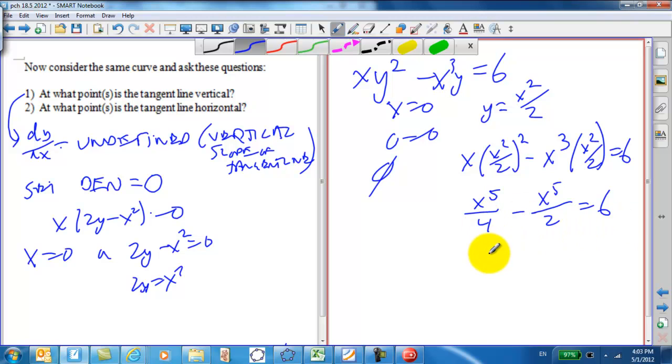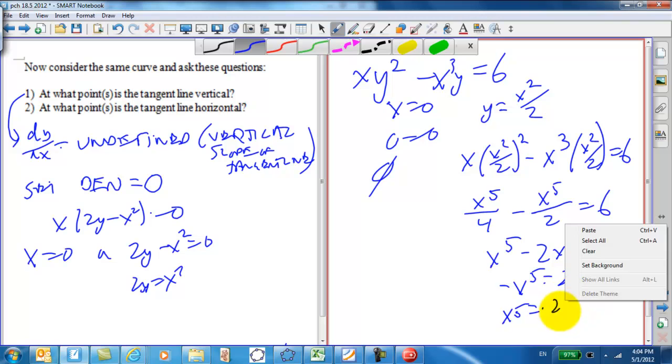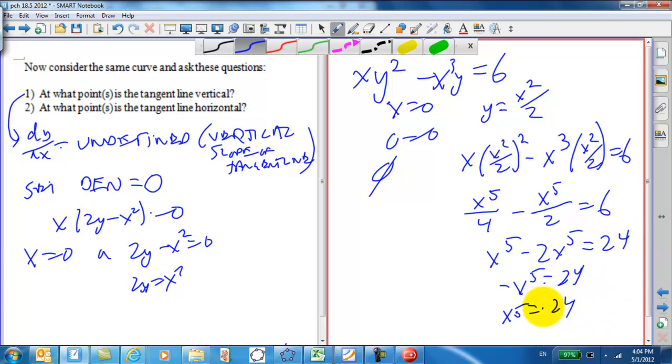Let's multiply through by 4 to get x to the 5th minus 2x to the 5th equals 24, or basically negative x to the 5th equals 24, or x to the 5th equals negative 24, x equals the 5th root of negative 24, which does exist.